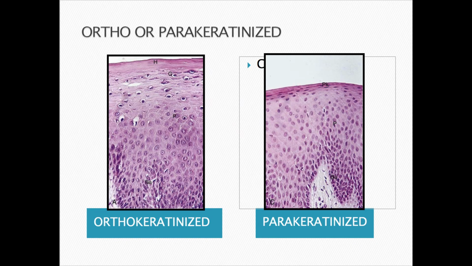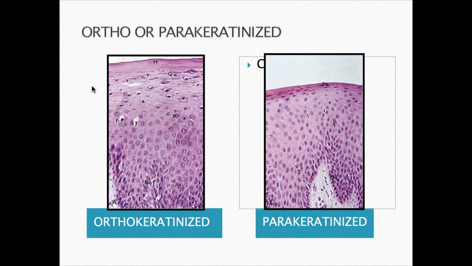A complete keratinization process leads to the production of what is known as an orthokeratinized surface, which is a superficial layer similar to that of the skin, with no nuclei in the stratum corneum and a well-defined stratum granulosum. Some areas of the outer gingiva are orthokeratinized.